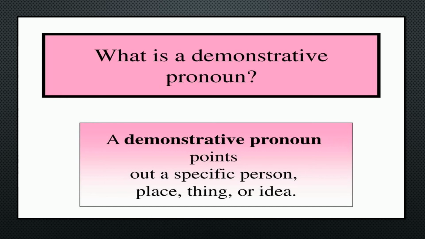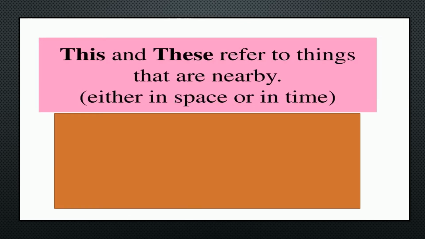That is a demonstrative pronoun. This and these refer to things that are nearby, either in space or in time. So that is the use of this and these. This is for singular, one, then these is for more than one, the plural form.